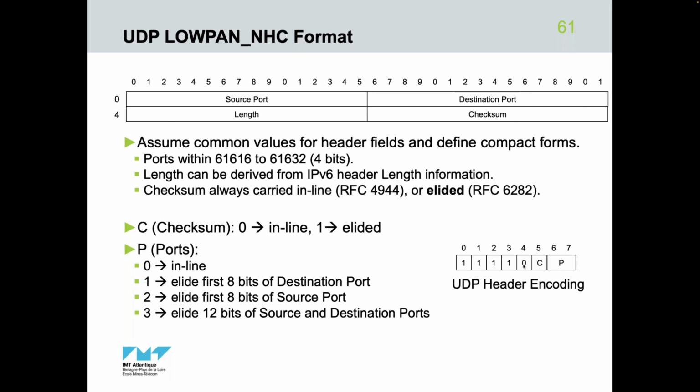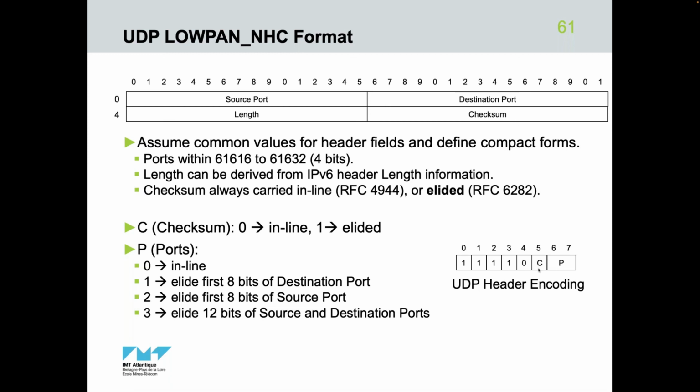If you remember the 011 for the IPv6, here we have 11110, and it indicates UDP header compression. Basically, with this dispatch value, we know that there is a compressed UDP protocol. As simple as that. Then the next field is the C, which represents the checksum.